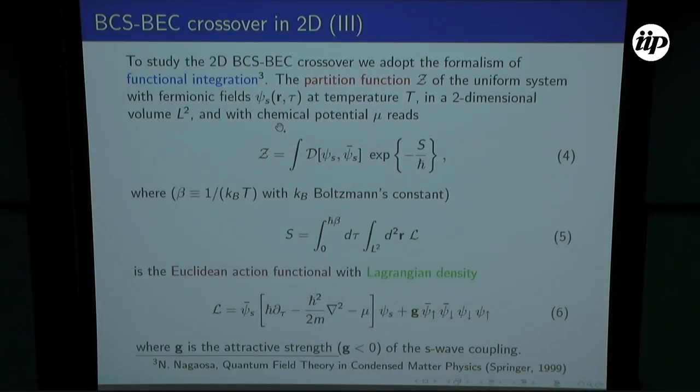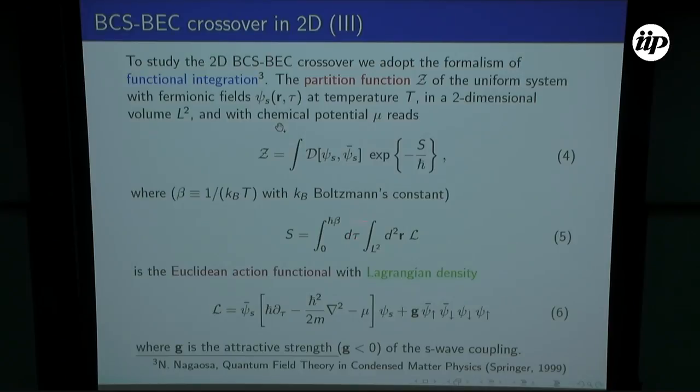If you want to study the BCS-BEC crossover, you can use several strategies. We use this one based on functional integration. We wrote the partition function Z in terms of functional integration of the fermionic field psi, where s means the spin, and here there is the exponential of minus S, where capital S is the Euclidean action.